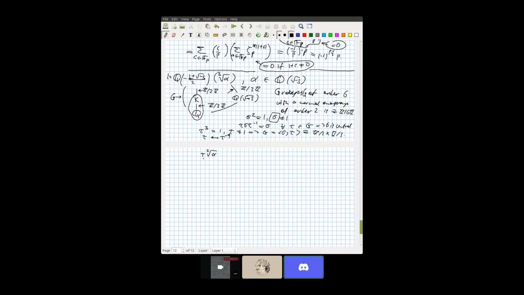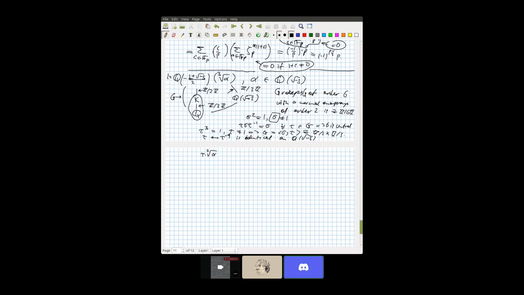And tau is identical on this quadratic extension, Q of square root of minus 3.